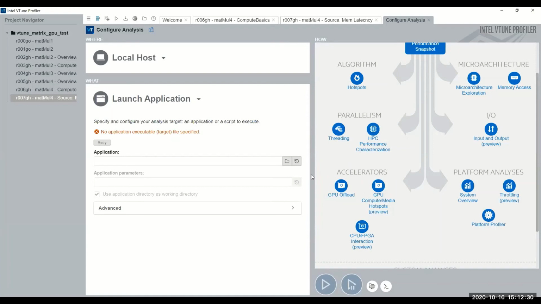So we are selecting one of those, either GPU offload or compute media hotspots. And the rest are related to either platform or CPU analysis. Okay, let me switch back to the presentation.